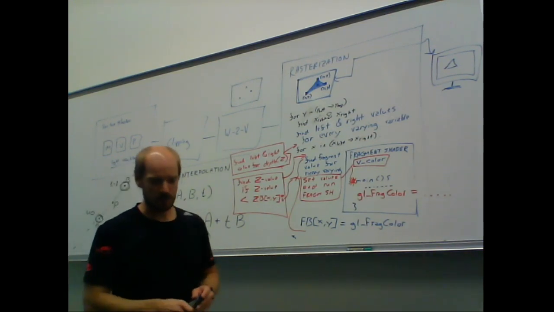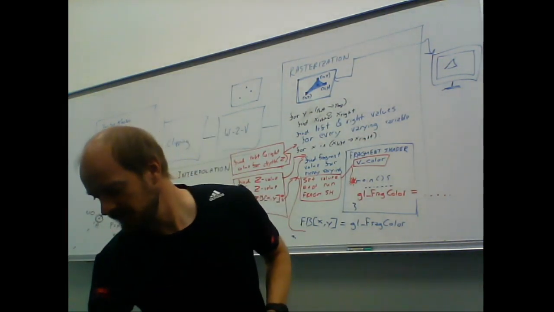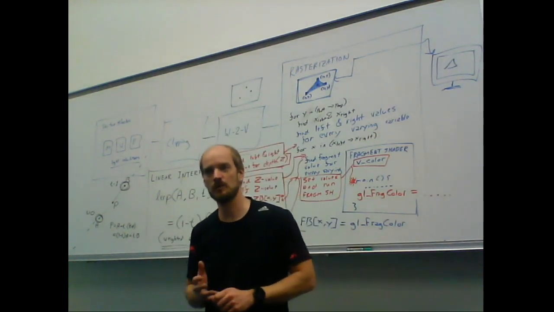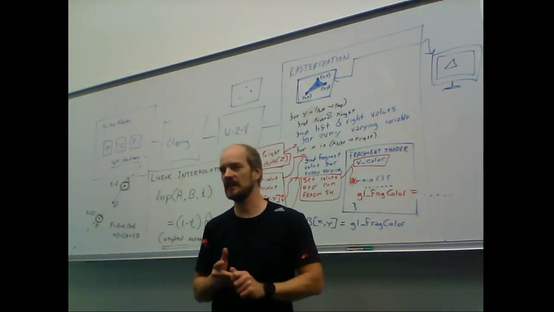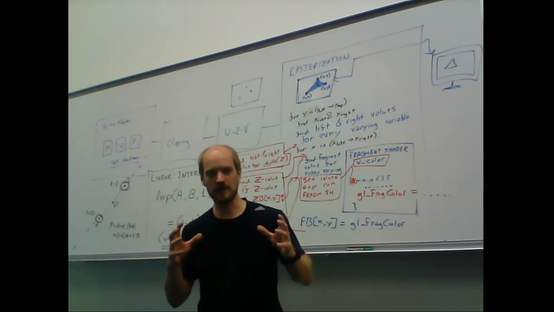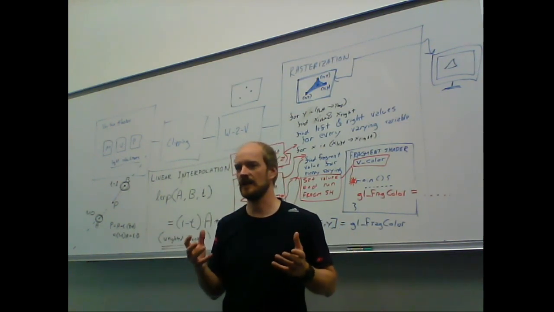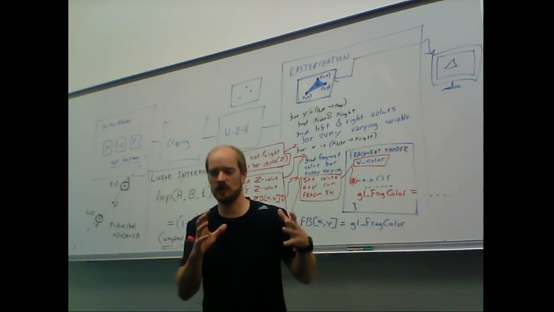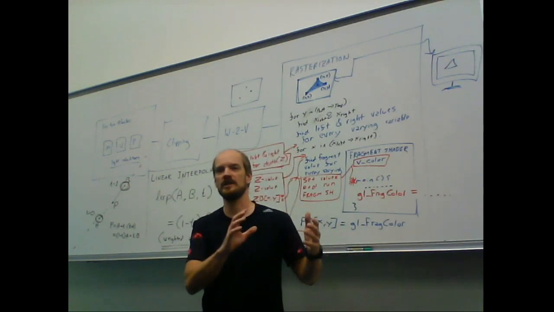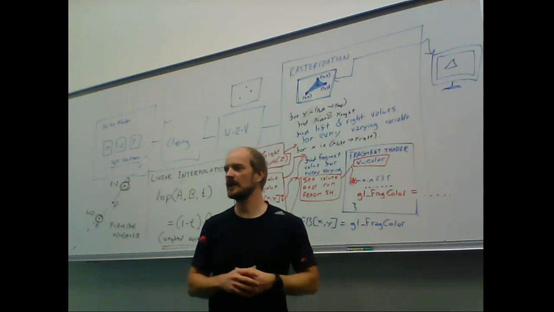So I'm going to claim that we've closed the pipeline at this point. From now on, we're going to look at texturing, fragment operations, and blending, but the overall geometrical and lighting calculations that actually put a three-dimensional image on the screen are covered at this point.